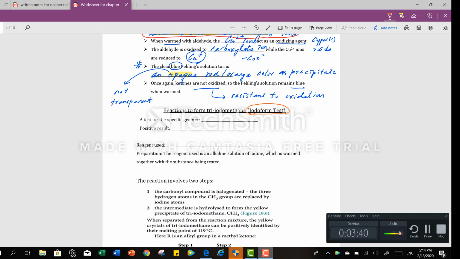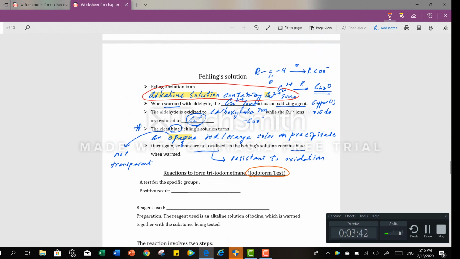Okay, iodoform test. I forgot to tell you the overall equation. Even though it's not required, I still want you to know it in case you are interested. So the aldehyde reacts with the copper 2 ion in alkaline medium to form carboxylate ion plus Cu2O plus water.